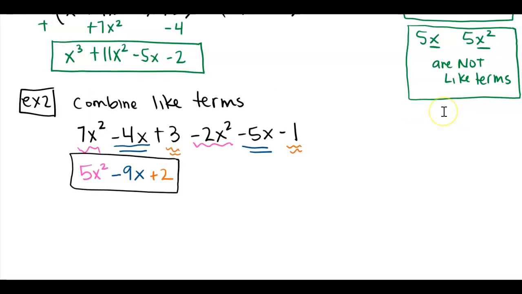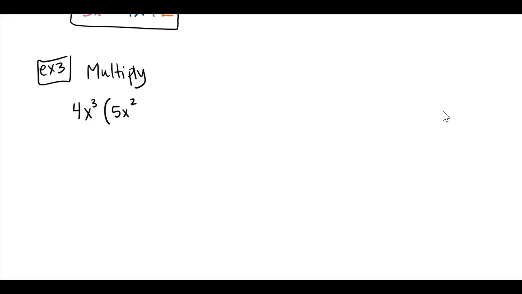So if I have examples on. Okay, so example 3. If I ask you to multiply, and I give you a monomial, like 4x cubed, and then in parentheses next to it, I say 5x squared minus 2x plus 5.